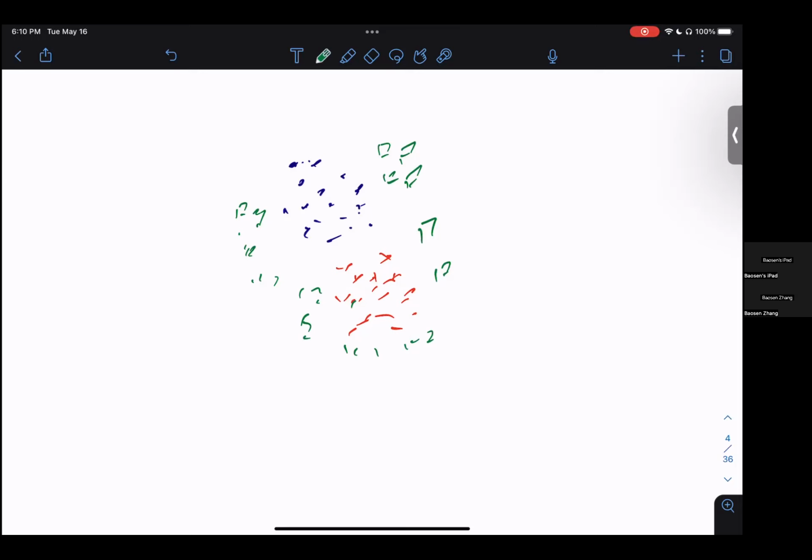And there are boundaries you can draw, right? For example, there are ways to separate these classes. You can have a classifier that goes something like this. Right? So you can have a classifier saying, if you fall in this region, it's blue. If you fall in this region, it's red. If you're outside this region, it's green.